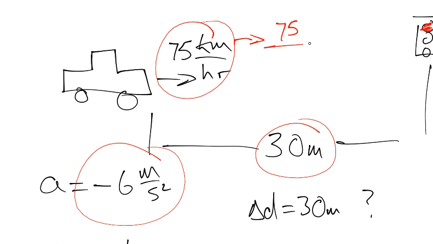So if you go 75 divided by 3.6, you're going to get, and if you're wondering how I know to divide, remember the kilometer per hour number is always bigger, so therefore the meter per second number has to be smaller, so I'm going to divide. So we go 75, enter, divided by 3.6, and we're going to get 20.8 meters per second.